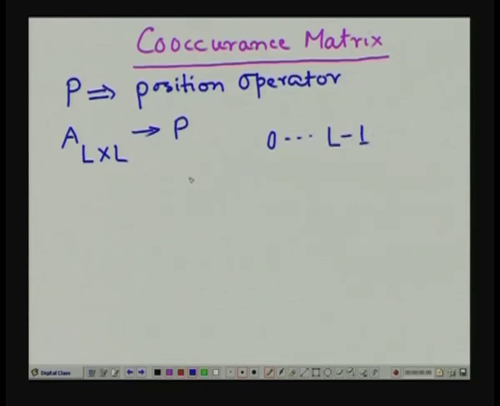So, we will have gray level of Z0 value, we will have gray level of Z1 value, and like this the maximum gray level that we can have is Z L minus 1.